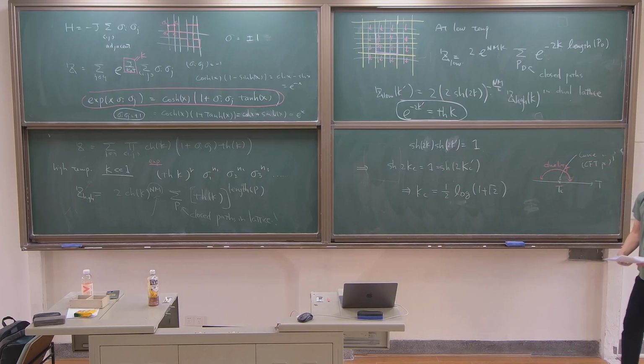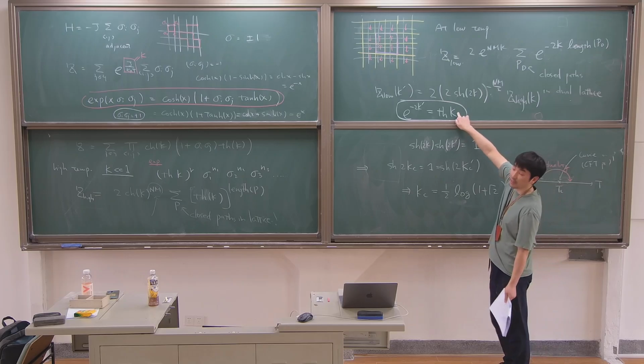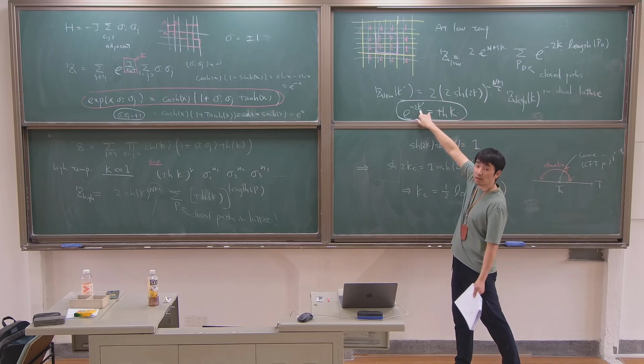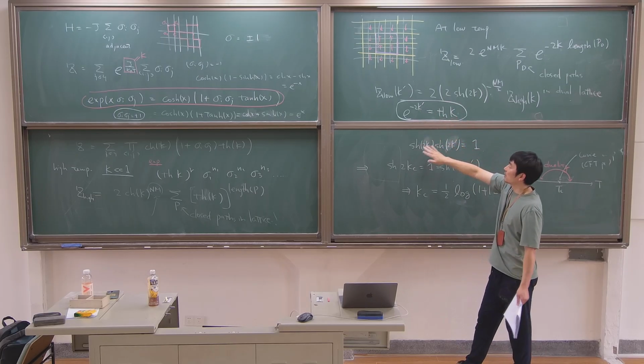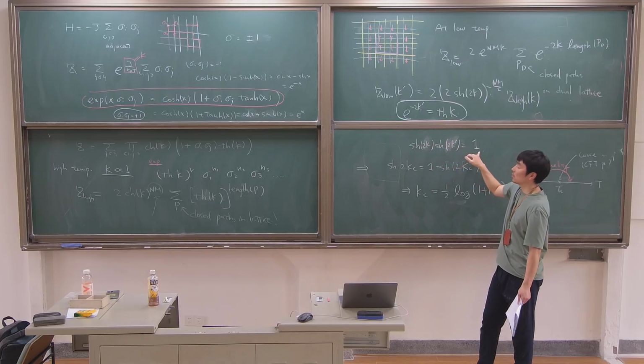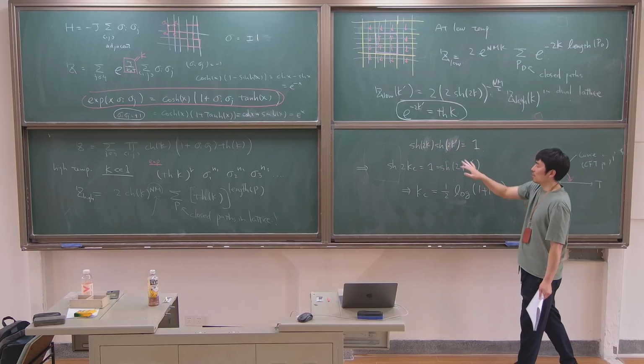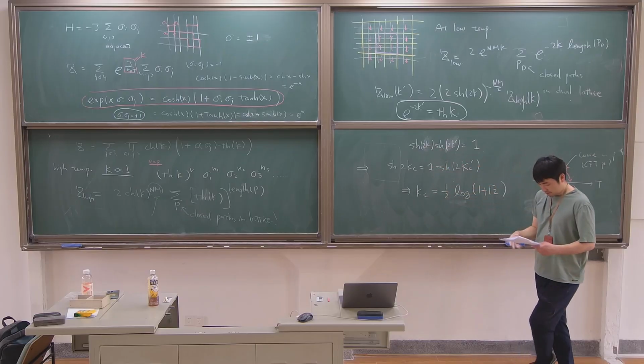That is the relation between high and low temperature. K is the high temperature regime and K prime is the low temperature regime. If they satisfy the relation, they have to balance in this way, and when they are equal you have the critical temperature.